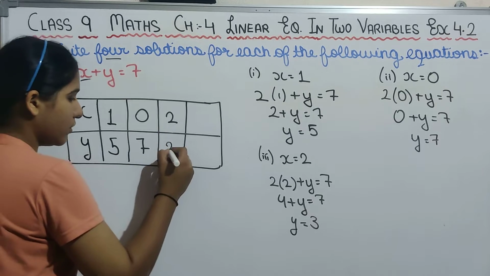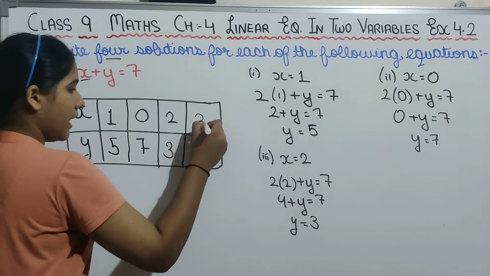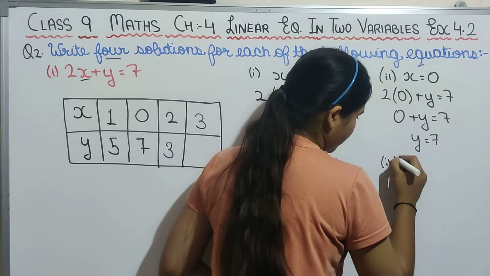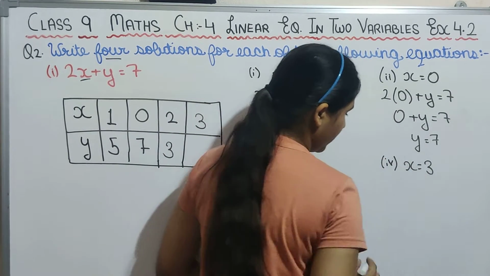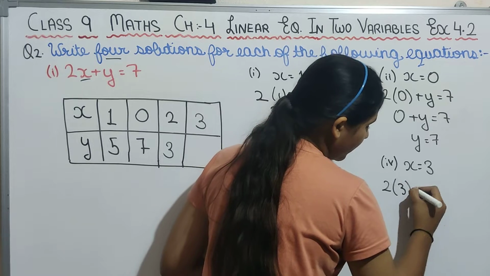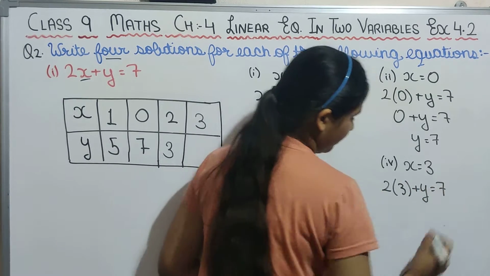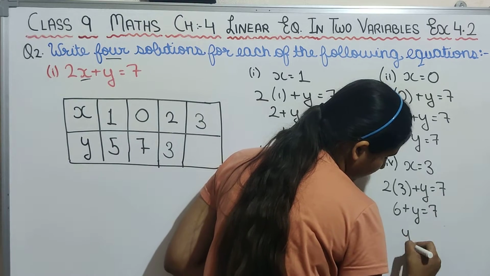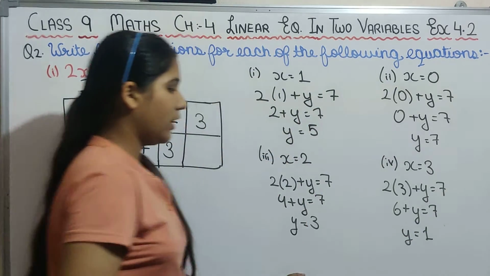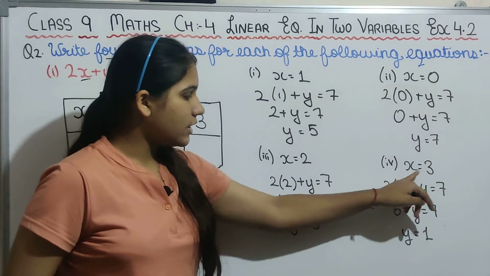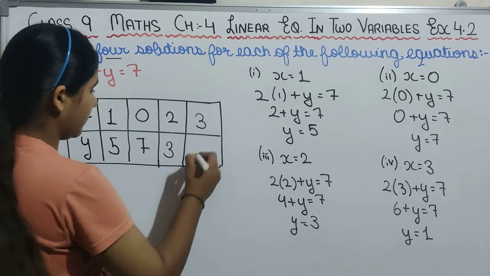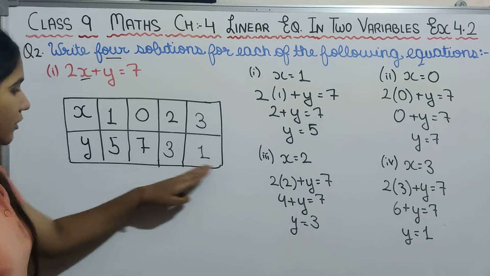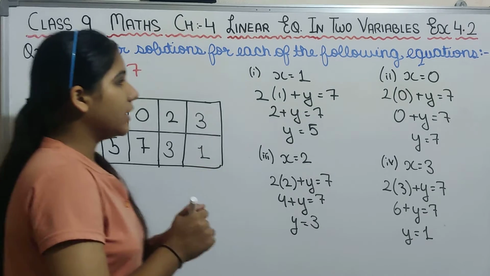If x is 2, y will be 3. Now let's take x is equal to 3. 2 into 3 plus y is equal to 7. 2 3s are 6, plus y is equal to 7, and y is equal to 1. So if x is 3, y will be 1. We got all the 4 solutions, so we have done the first part.